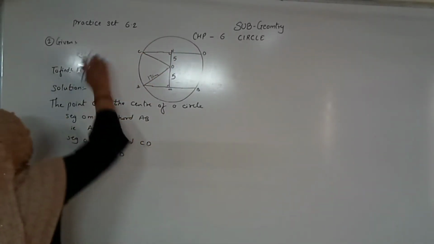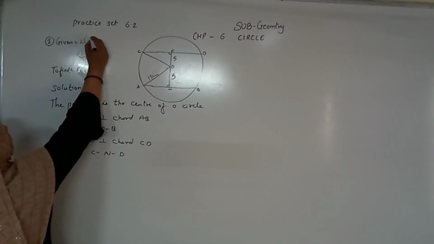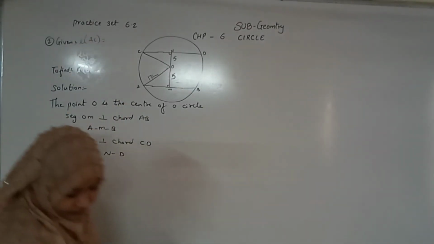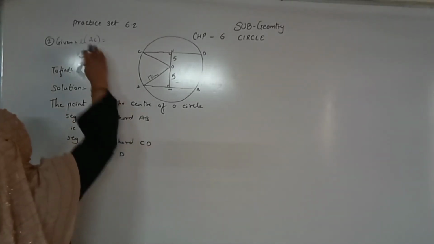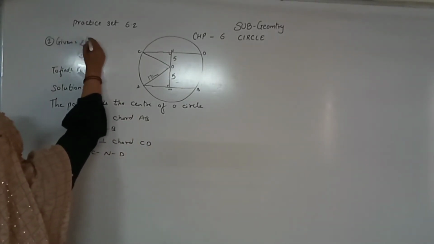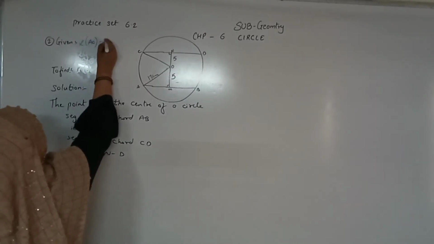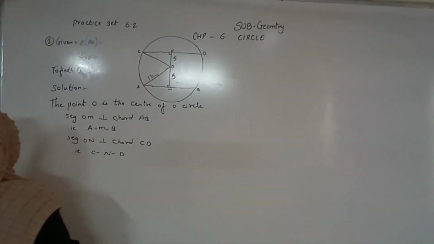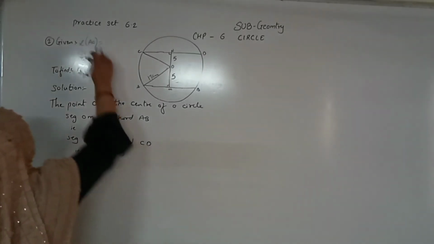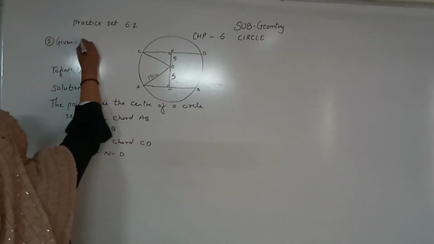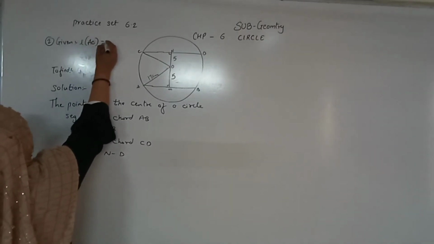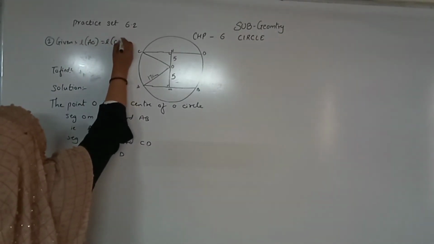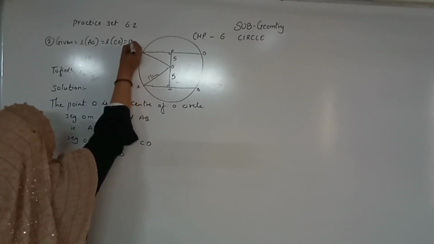See what is given. Length of OA equals length of CO equals 13 centimeter.